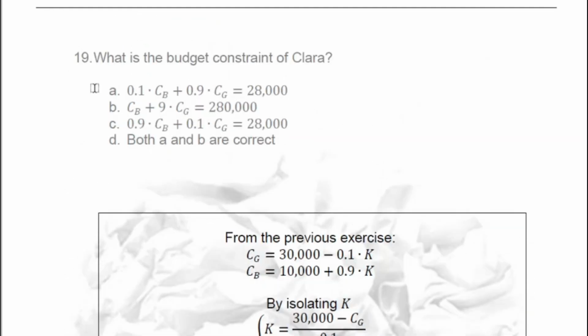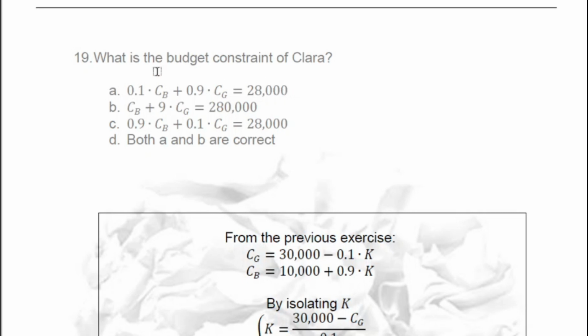Then the first one, but be careful, because option D says both A and B are correct. Maybe you may think that as we found the straight line, the constraint, that's the one, and it can't be another straight line. But that straight line can be written in many forms, in many ways.